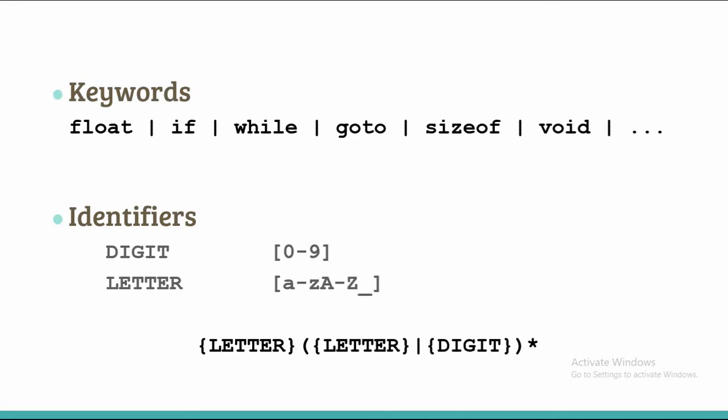These are some examples of how you can define regular expressions for different types of tokens, in this case tokens like keywords and identifiers. The regular expression for a keyword would basically be the same as the keyword.